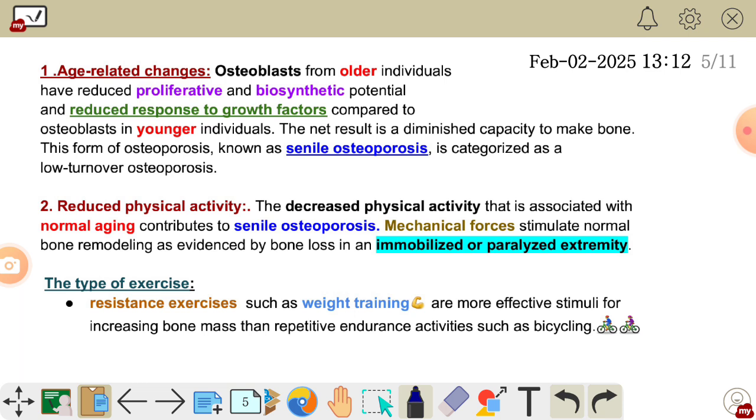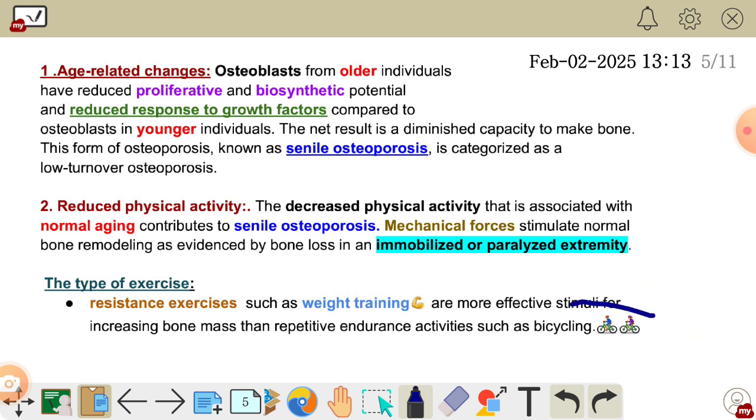Now the types of exercise which will lead to increased bone density are different. We have resistance exercises such as weight training. These are more effective stimuli for increased bone mass than repetitive endurance activities such as bicycling.